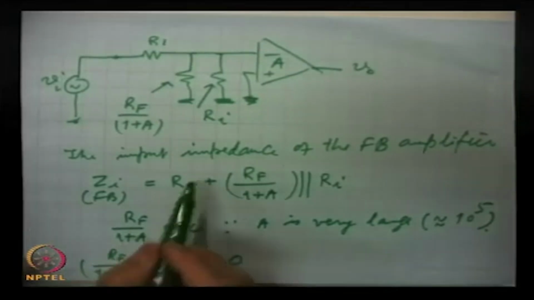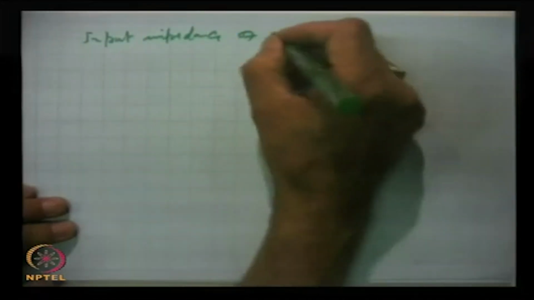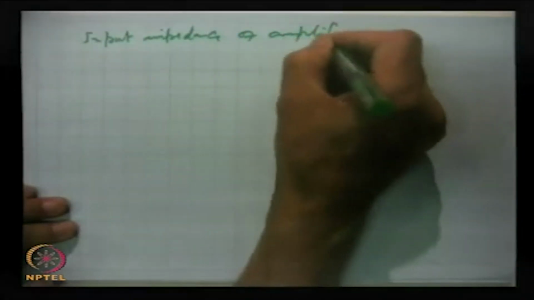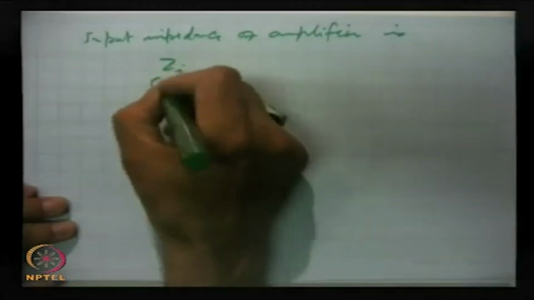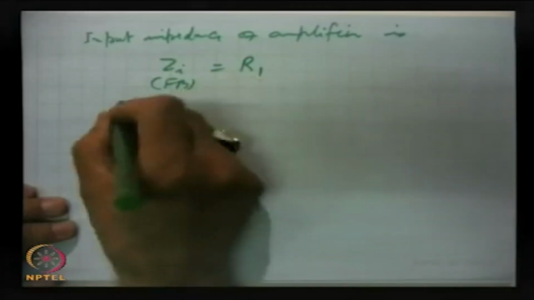Therefore, the input resistance or input impedance of the amplifier is R1.